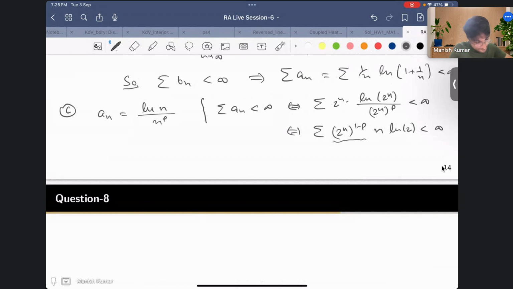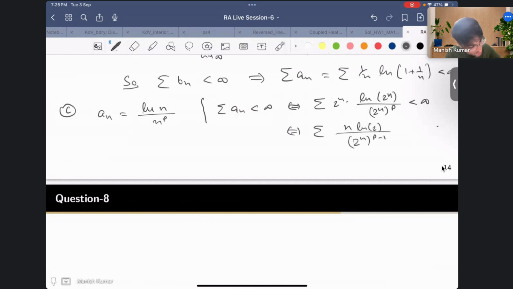Just a second, so 2^n and n log 2, 2^n will cancel, so I'll have 2^n (p minus 1), this is n. So this is n log 2 times 2^n (p minus 1), this is finite.